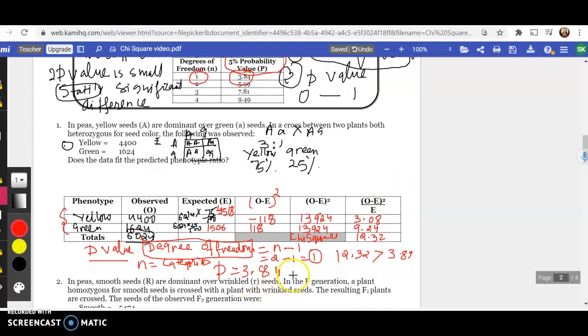So we can say that no, the data does not fit into the predicted phenotype.